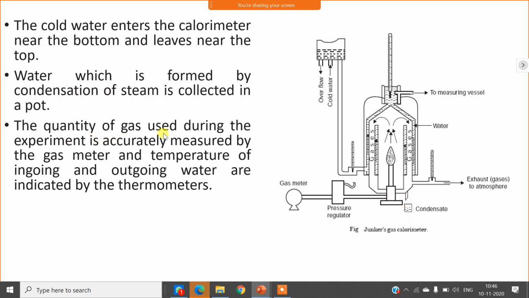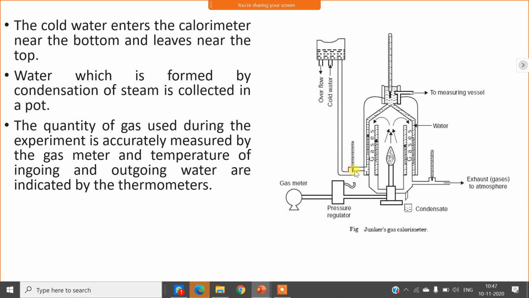The quantity of gas used during the experiment is accurately measured by the gas meter, and the temperatures of ingoing and outgoing water are indicated by the thermometers. The accurately measured volume of gas is supplied to the calorimeter.